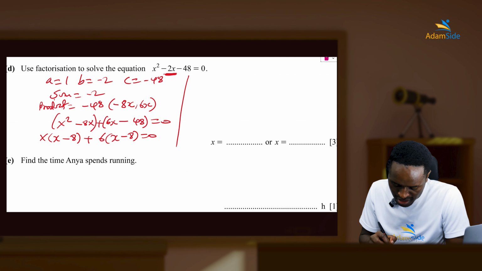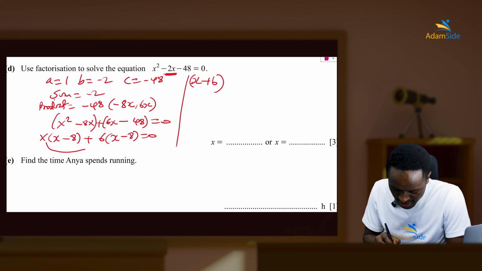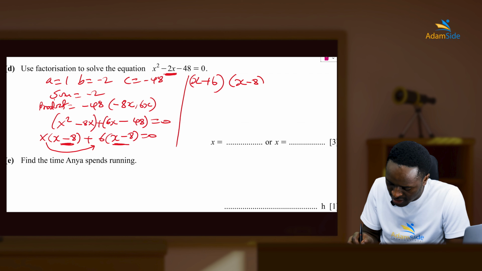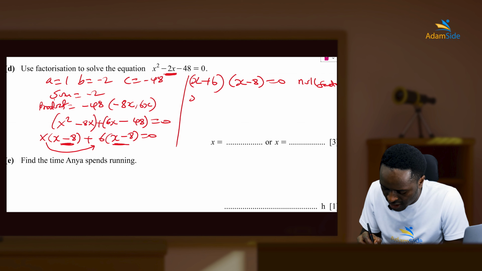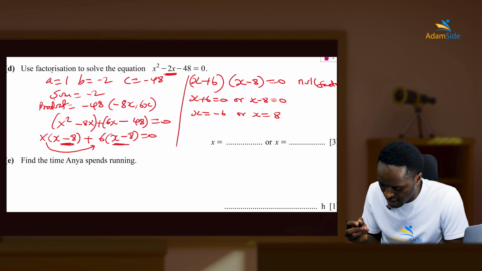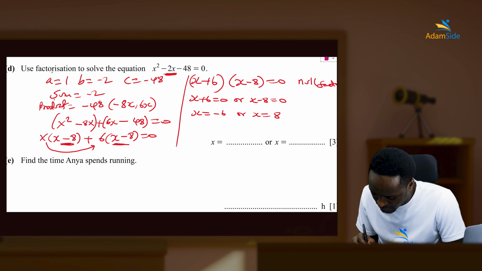Collect the outside terms: x plus 6, and pick one x minus 8, which is the same. Then apply the null factor method: x plus 6 is equal to 0 or x minus 8 is equal to 0. Therefore x is equal to -6 or x is equal to 8.